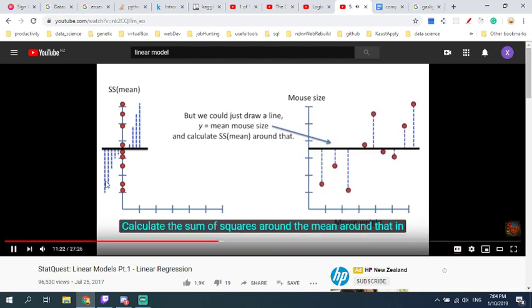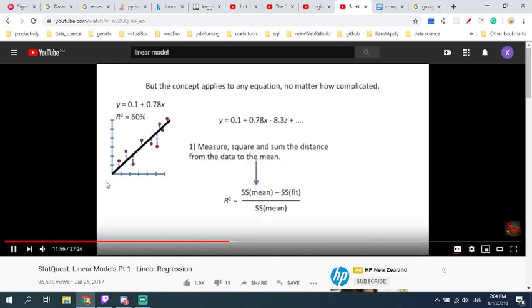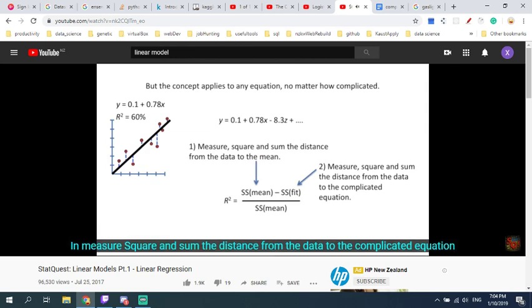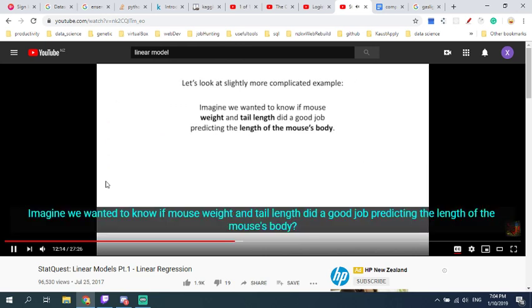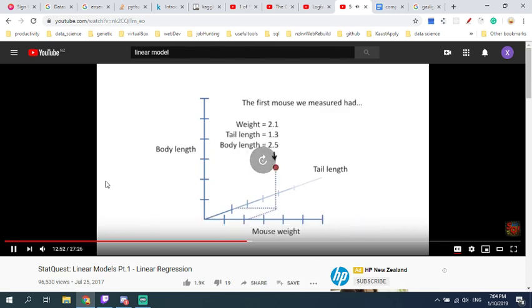In this example, we take the mean, then measure, square, and sum the distance from the data to the mean. Imagine we wanted to know.